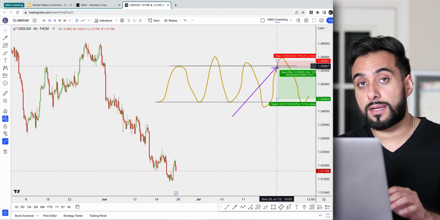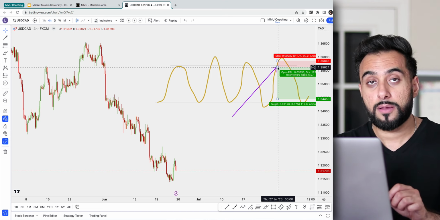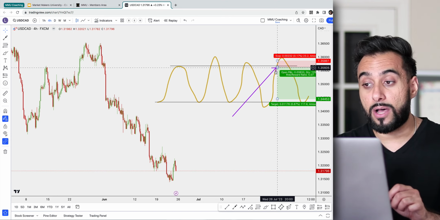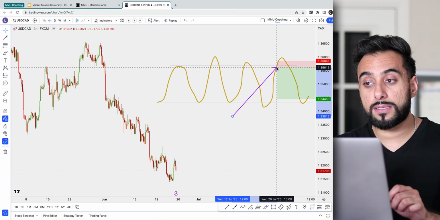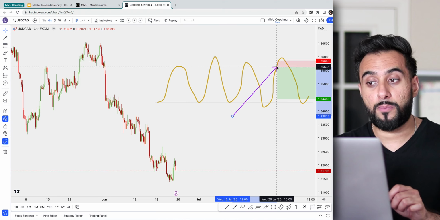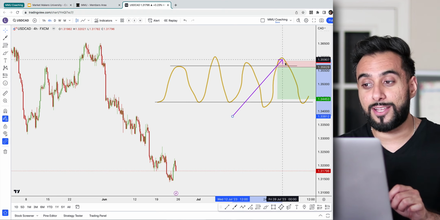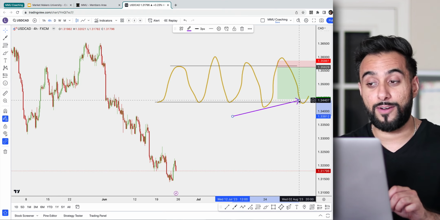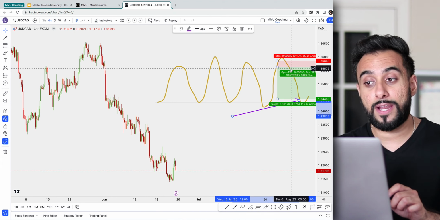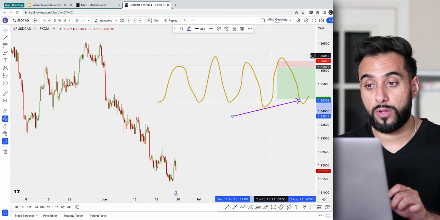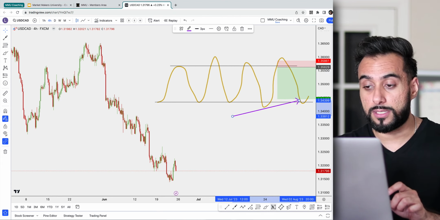Because they didn't consider it an actual zone and entered on the line, the market hit their stop loss, and then it continued to go in the direction. I don't know if you guys have ever experienced something like this, and it's a very common thing that happens in the trading world.